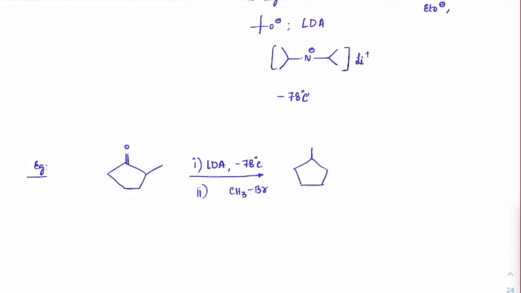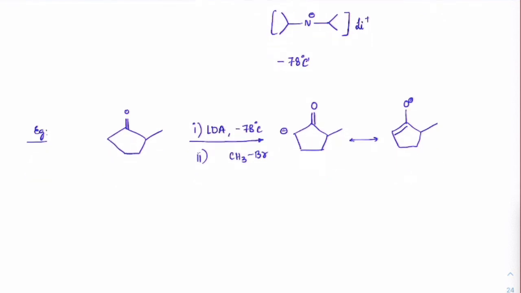An enolate ion would be formed, which means first a carbanion is formed here, which in turn will convert into an enolate ion, O minus, like this. So it is a kinetically controlled enolate ion. This will be formed and this will attack CH3Br. So this double bond will close and this will attack here. So finally we will have a product with double bond O and methyl on this side. This is what you would have.